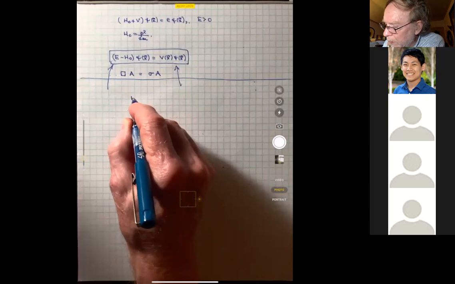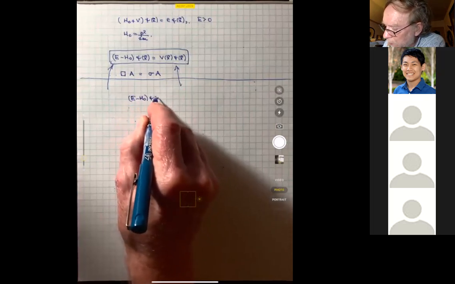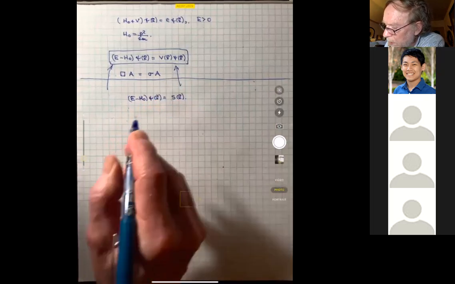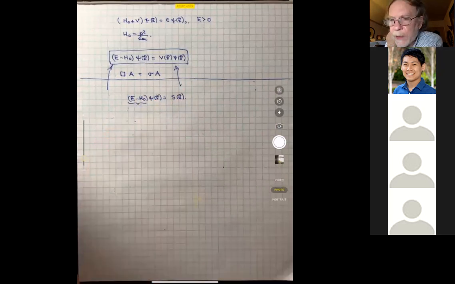For the time independent problem, we'd have (E minus H0) acting on psi of x is equal to some source of psi of x. In order to solve this, we're going to need a Green's function for the operator E minus H0. I'll call these energy dependent Green's functions, and we'll talk about them at some length in the next lecture.